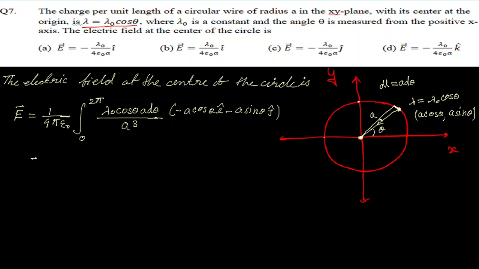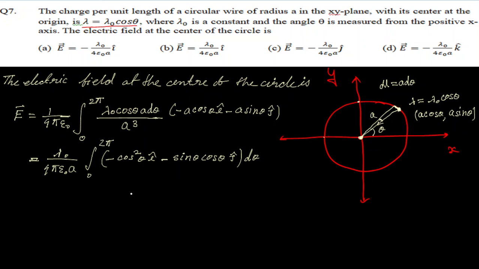Now we can simplify this a little, and we'll get a square. So we can write 1 by 4 pi epsilon naught a, and lambda naught we can also take outside, it is constant. And then the remaining terms we'll get: minus cos square theta i cap, and then minus sin theta cos theta j cap, and we have to integrate this with respect to theta over the limit 0 to 2 pi.